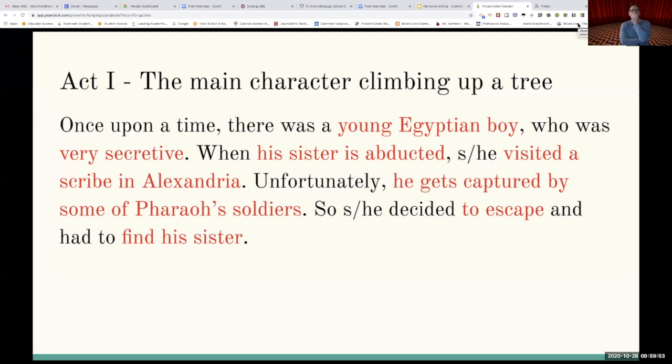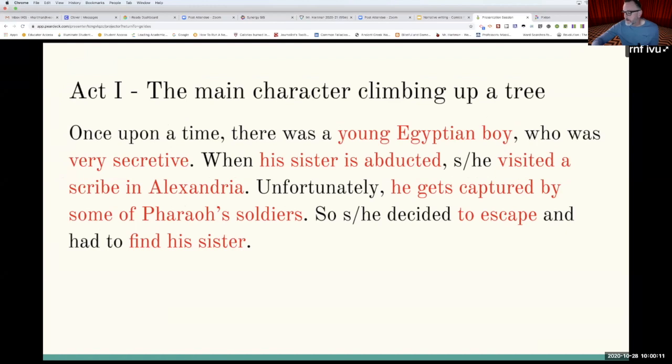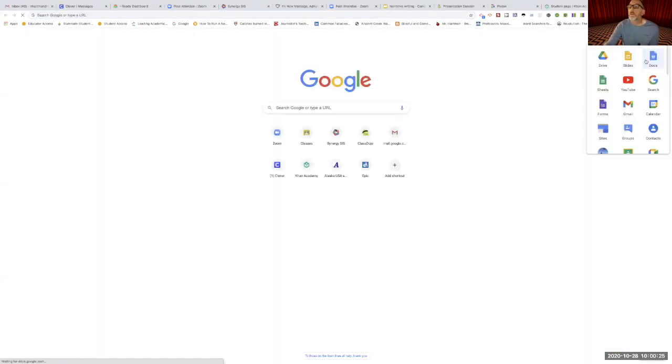I'm going to go into the goal, activity, complication. All right. It is 10 o'clock. We got 10 more minutes here, and then we'll take a break until 10:20. So let's do this.